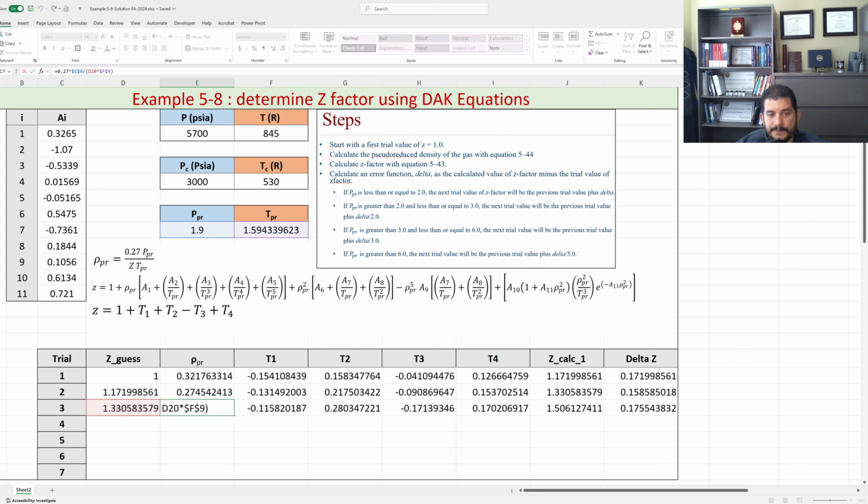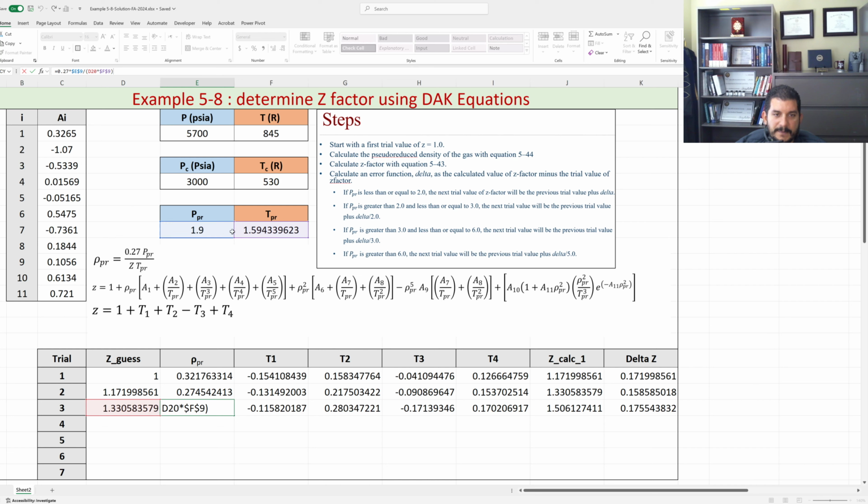So here, I see that we have 0.27 times E9, the pseudo-reduced pressure, good.